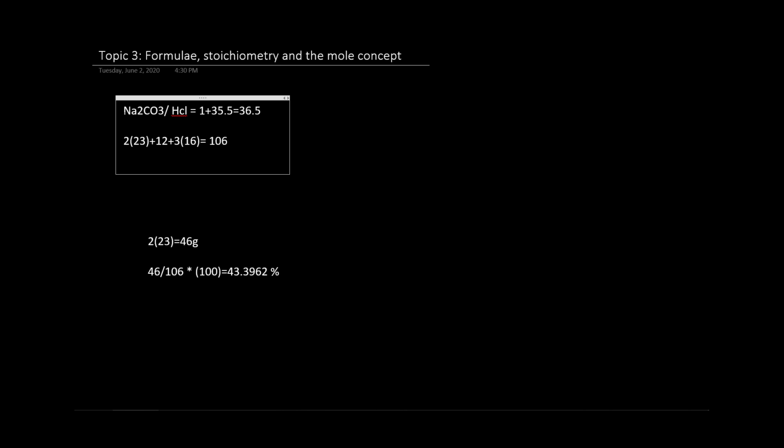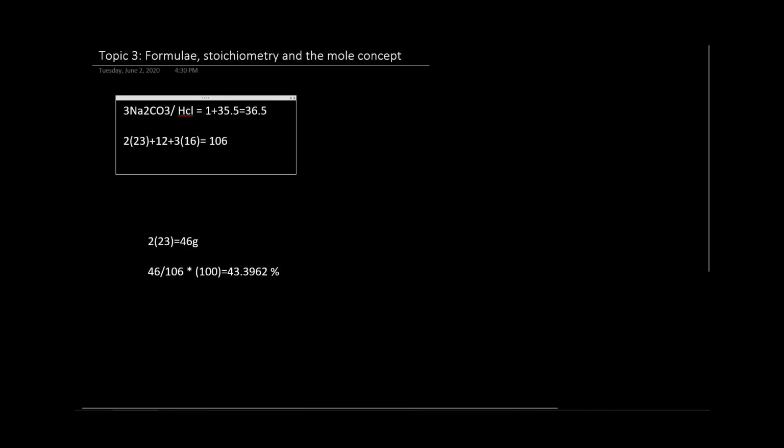Well, what you do in that case is, for instance, there's a 2 before Na2CO3, meaning there are two separate Na2CO3 particles, right? There's one Na2CO3 and there's another Na2CO3.